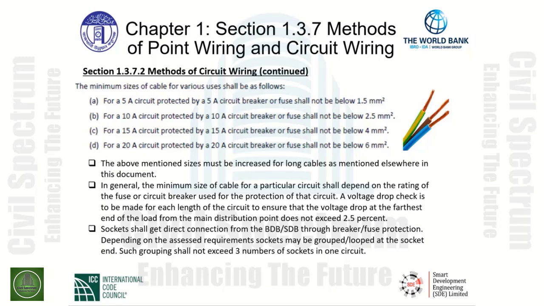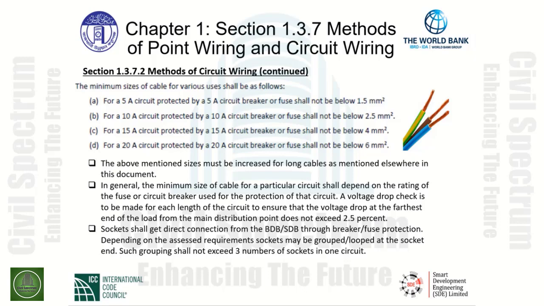Item D, for a 20 amp circuit protected by a 20 amp circuit breaker or fuse shall not be below 6 millimeters squared. The above-mentioned sizes must be increased for long cables, as mentioned elsewhere in this document. That means when we have long lengths of run, we have more resistance and therefore a large voltage drop.